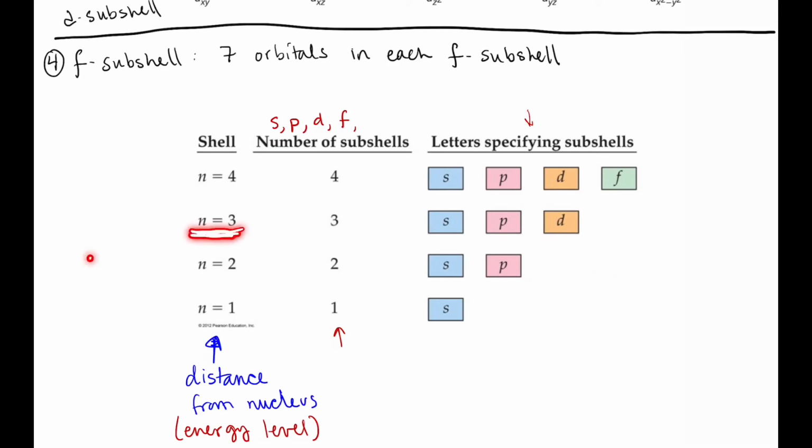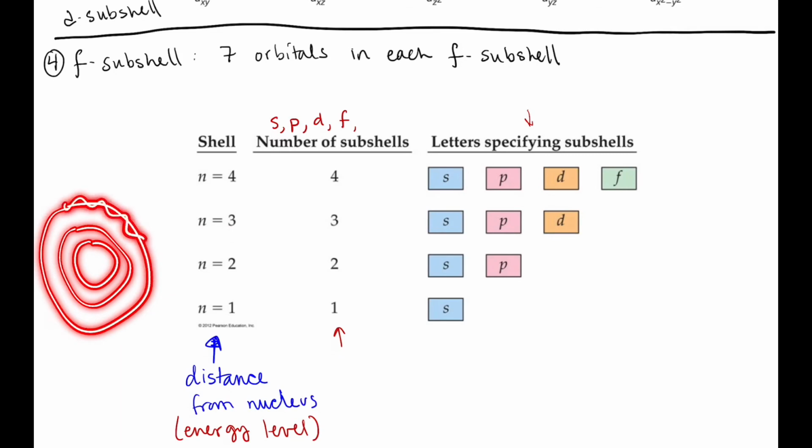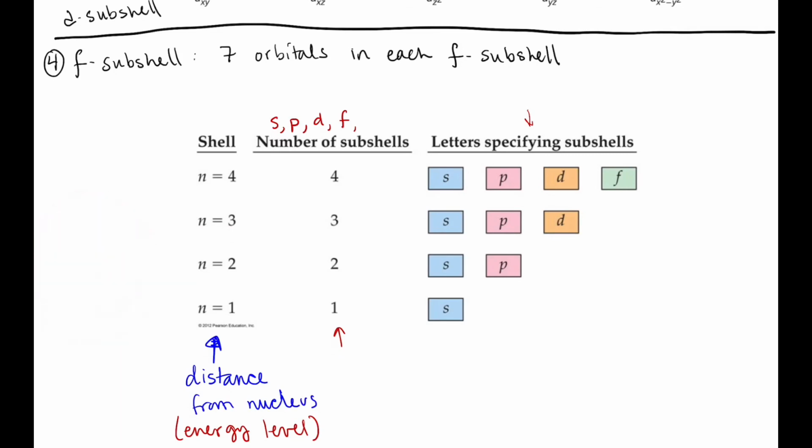That doesn't exist. Then as we move even further out, we have N equals 3. We have our first level, second level, third level. That's like this guy here. Further from the nucleus, we're allowed to have S, P, and D, but no F. Okay, and then the very furthest is N equals 4. That's the very furthest orbital from the middle, most highest energy, and we can fit all subshells there.